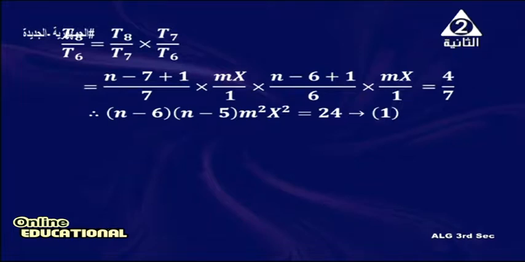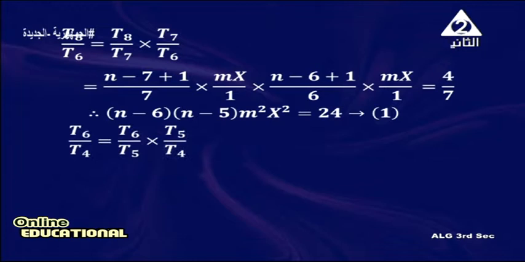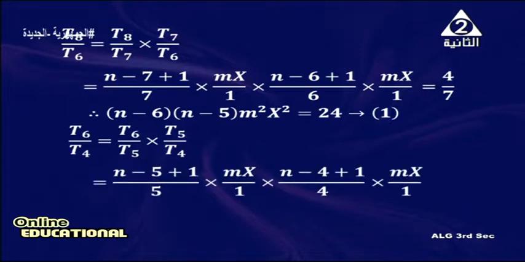After that, we translate to another relation, t6 over t4. We multiply by t5 up and down because t6 over t5 equals (n − 5 + 1) over 5 multiplied by mx over 1. By the same method, t5 over t4 equals (n − 4 + 1) over 4 times mx over 1.